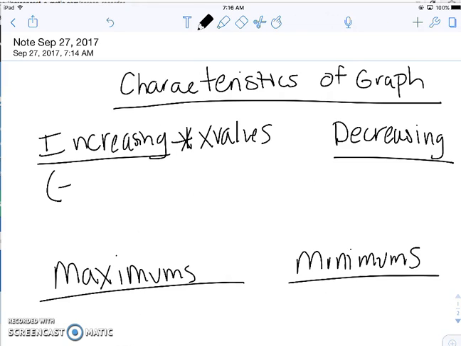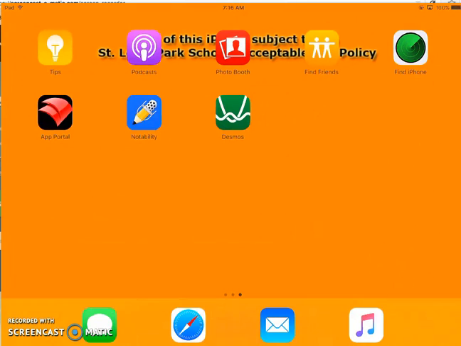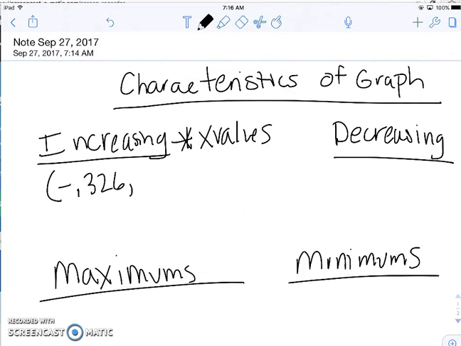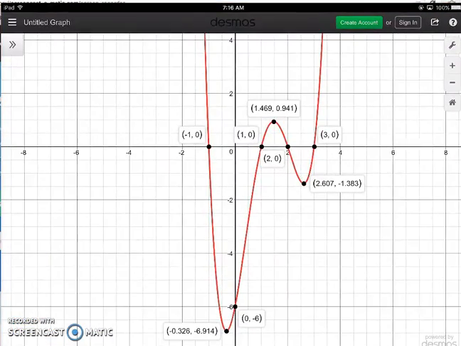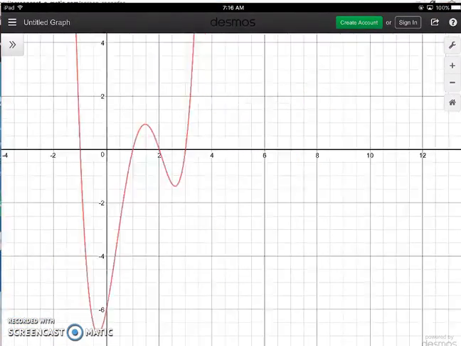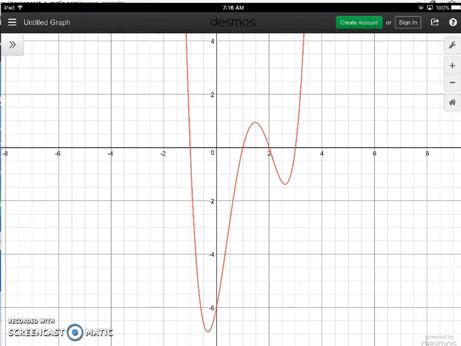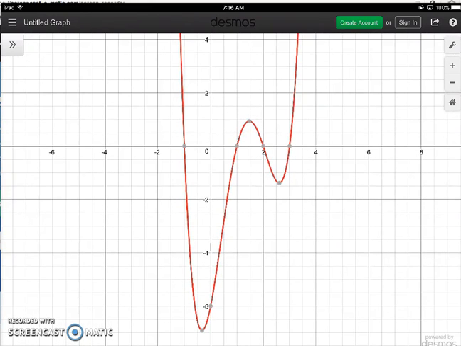So negative 0.326, and we'll use that interval notation. I already forgot what that value was. 1.469. So I'll just highlight those two. So negative 0.326 to 1.469.